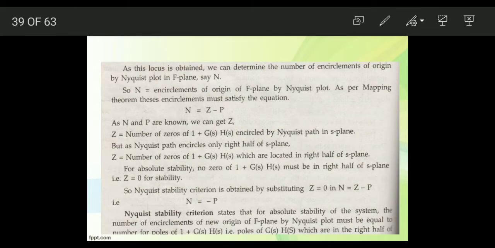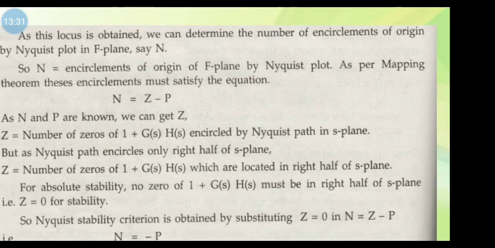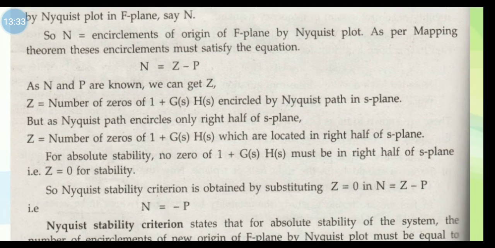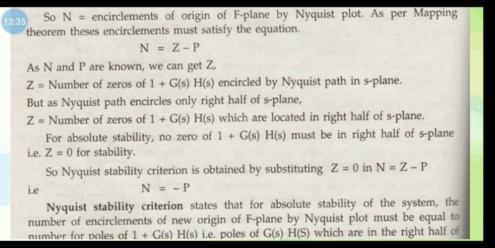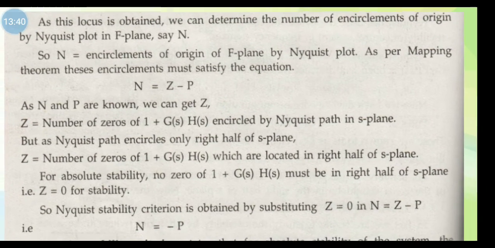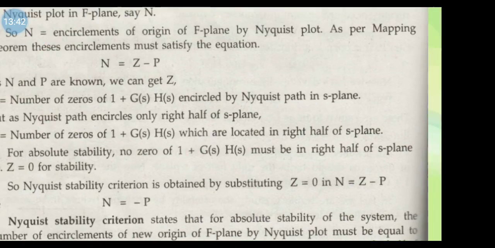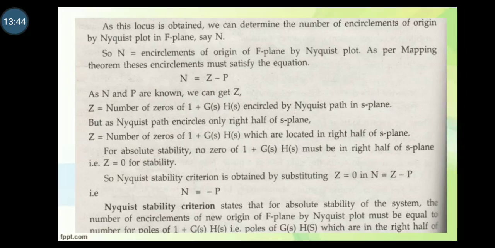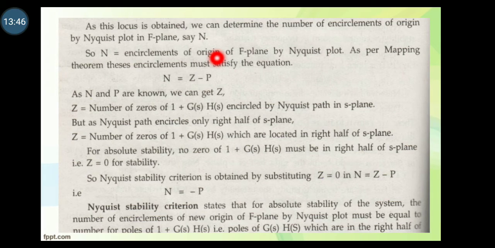As this locus is obtained, we can determine the number of encirclements of the origin by the Nyquist plot in the F plane, say N. So what does N represent? N represents encirclements of the origin of the F plane by the Nyquist plot.